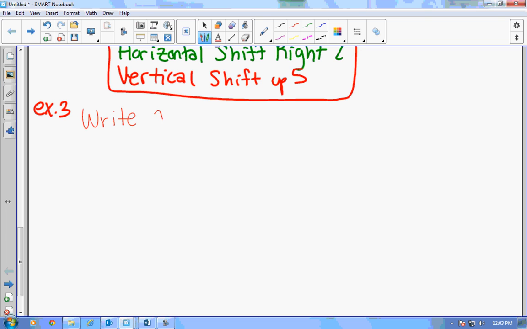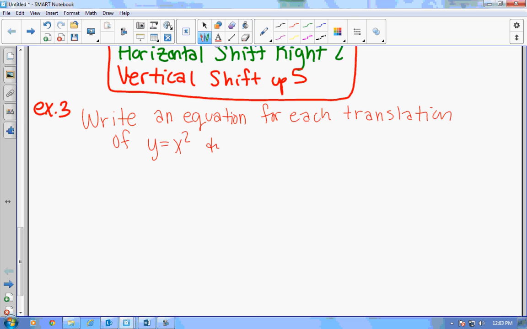Write an equation for each translation. We're going to be doing it twice. We're going to be doing it for the quadratic and the absolute value parent functions.